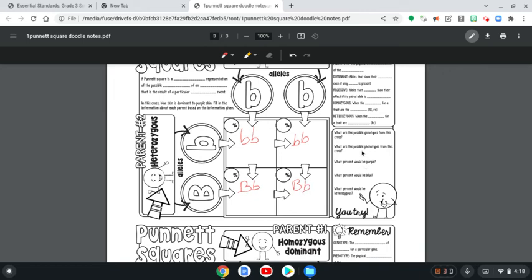Okay. Our possible genotypes would be recessive, recessive, and heterozygous.